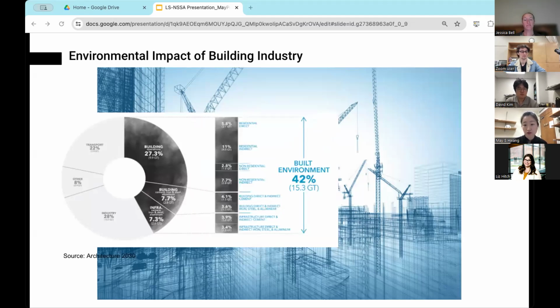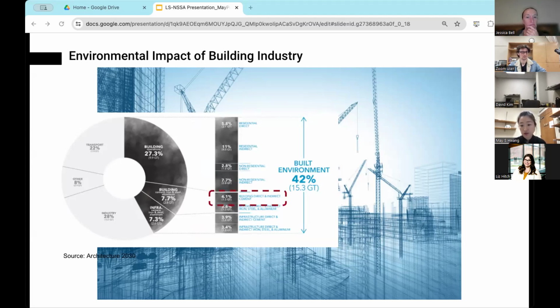And of those total emissions, building operations are responsible for approximately 27% annually, while the embodied carbon of just four building and infrastructure materials, which are cement, iron, steel, and aluminum, they are responsible for an additional 15%.